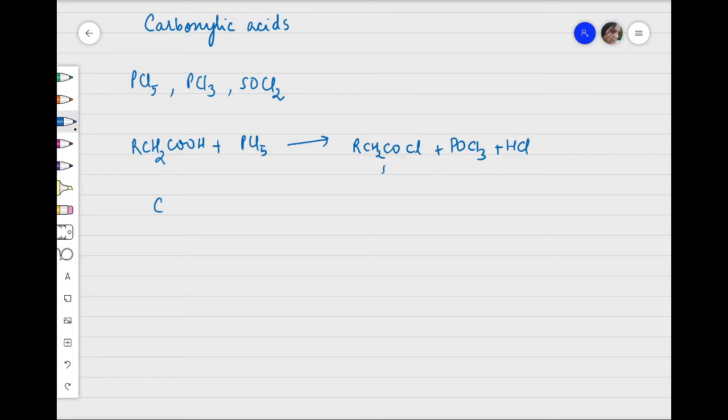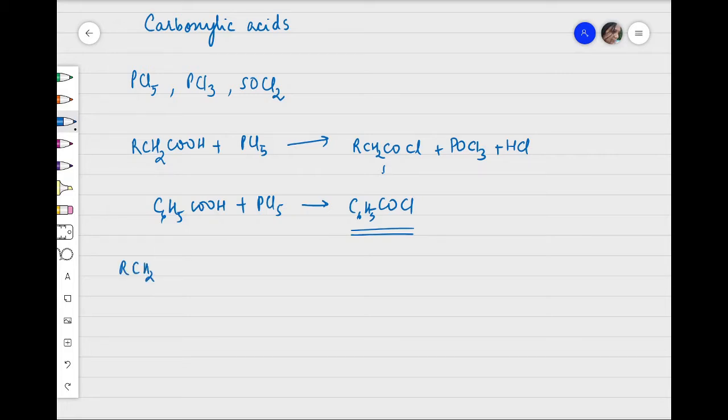And for example, if I had taken benzoic acid and treated it with PCl5, I would get the benzoyl chloride.